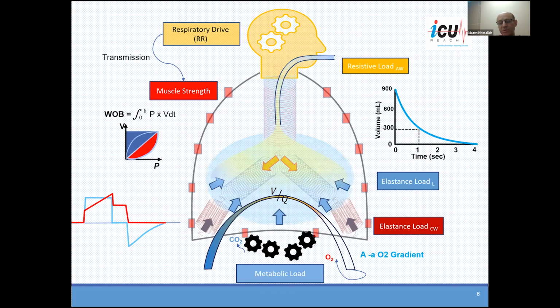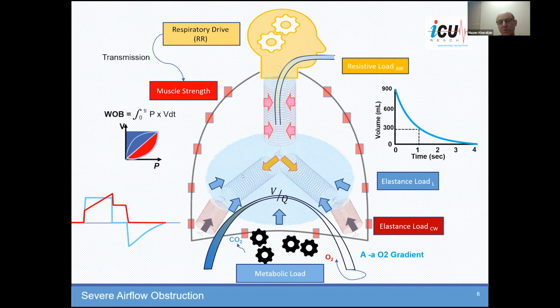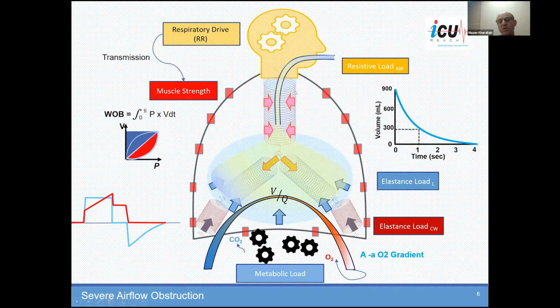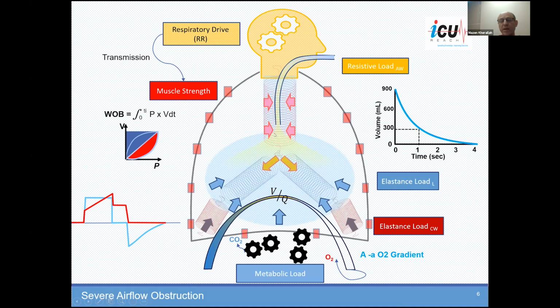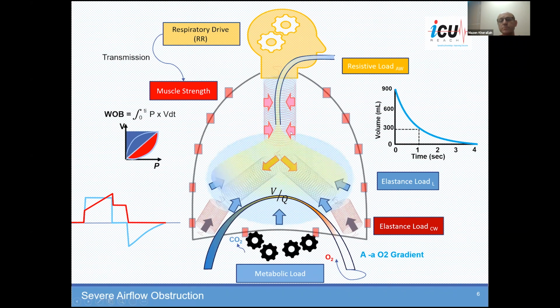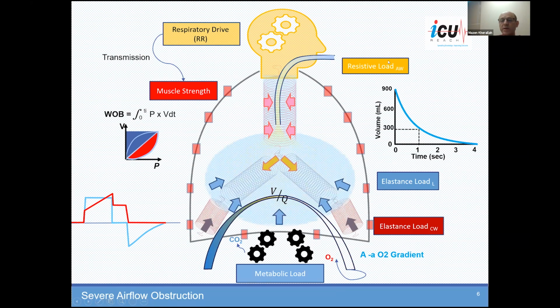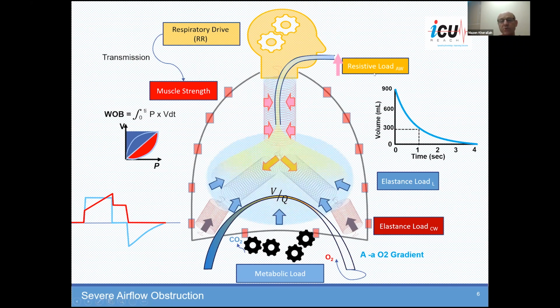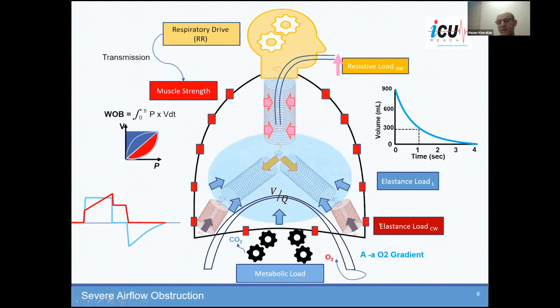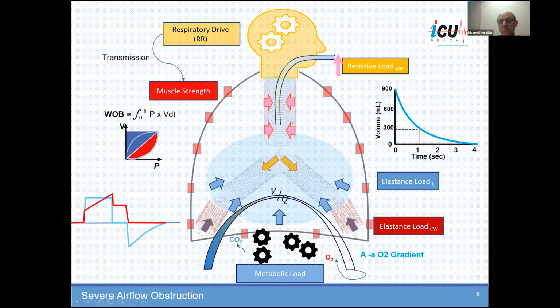So if you have a patient with severe airflow obstruction, you can see here that the main problem for that patient would be the airway resistance. Increased airway resistance here, and the load would be the resistive load that would be increased for that patient. So of course, the patient, if he's not intubated, needs to work hard to overcome that increased resistance.